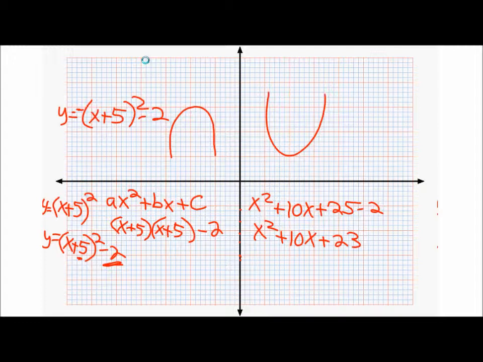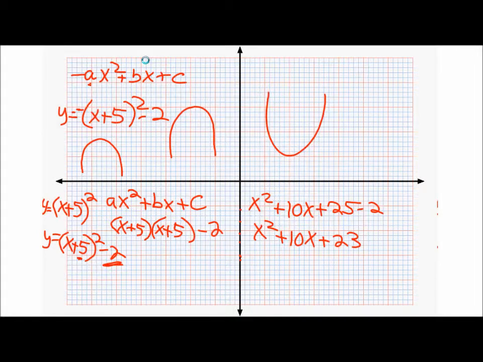Now, in terms of the general equation, what I'm saying here is if this is a minus sign, if there's a minus sign right here, the U shape is going to be inverted. It's going to be opening up downward.